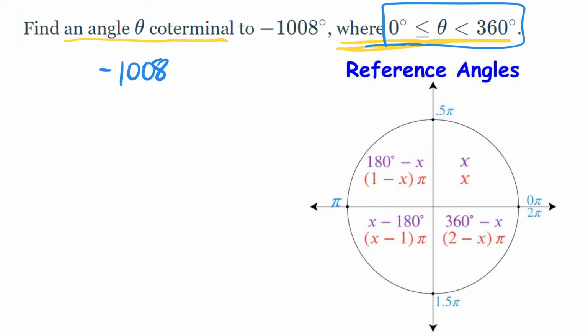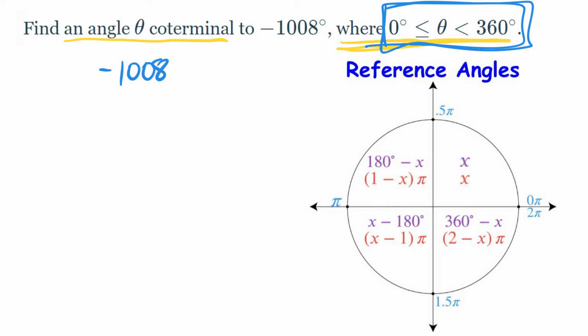So if I'm at negative 1008 degrees, what I'm going to do is simply keep adding in this case. If the number is large, like a positive number, you subtract 360 until you fall between the range that they gave you. So what we're going to do is add 360, which is a full rotation.